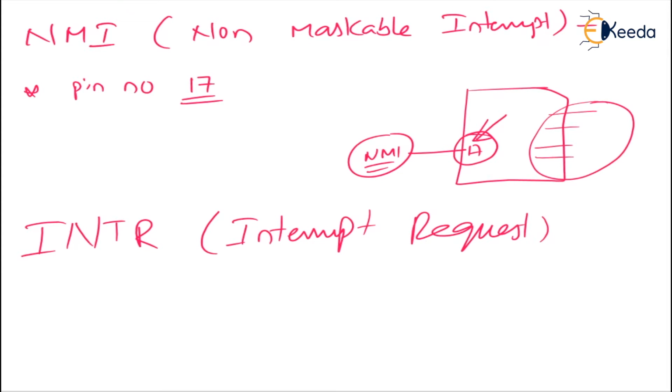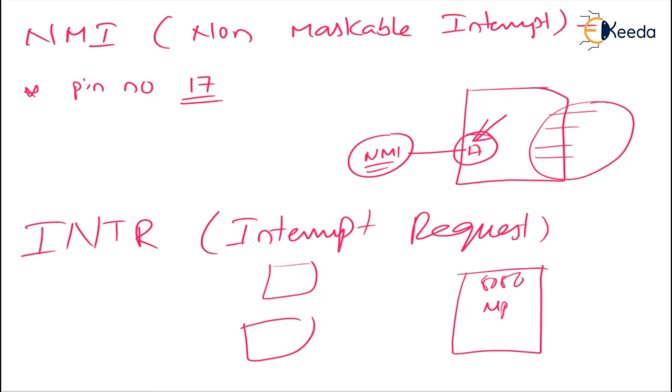Suppose some other peripheral devices, some IO devices, want to communicate with the 8086 microprocessor. Then an interrupt request should go to the microprocessor, saying I want to communicate with you, so please accept my request. Then the microprocessor knows that some other device wants to communicate with it, and it will execute that interrupt.